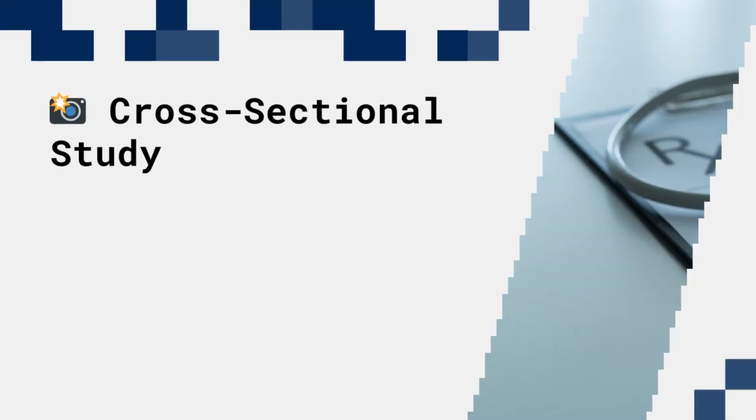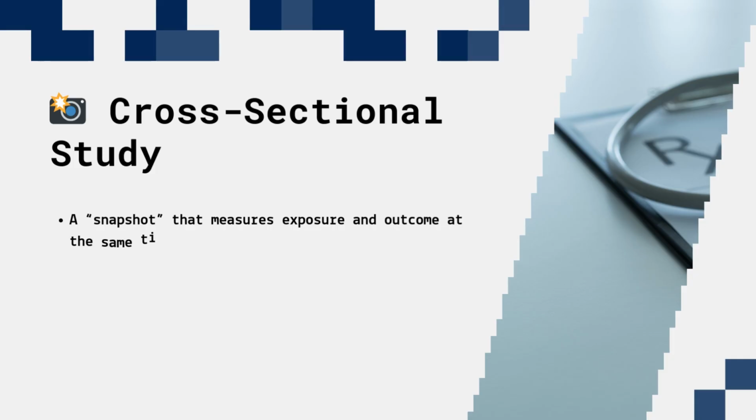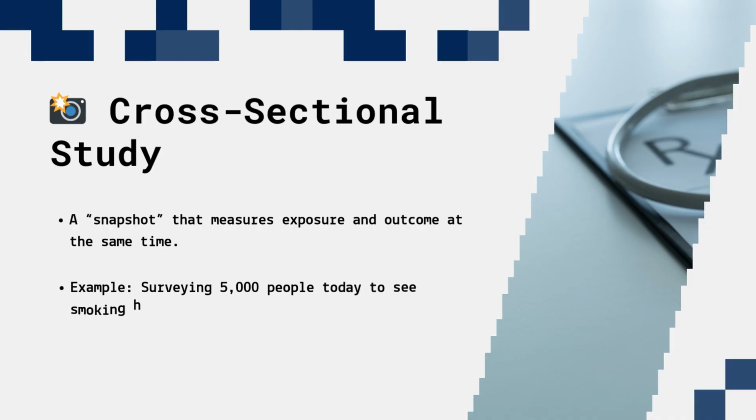Next, we have the cross-sectional study, sometimes called a prevalence study. Think of it as a snapshot, measuring both exposure and outcome at a single point in time. For example, surveying 3,000 adolescents today to ask about physical activity and then recording their current body mass index.